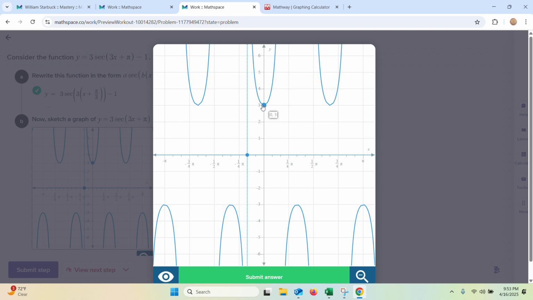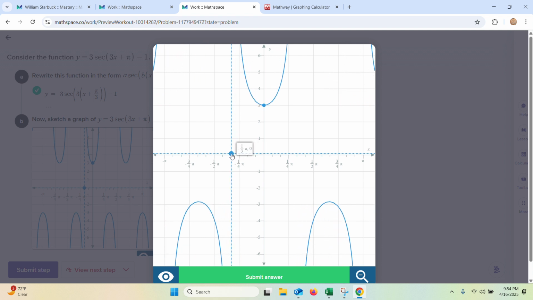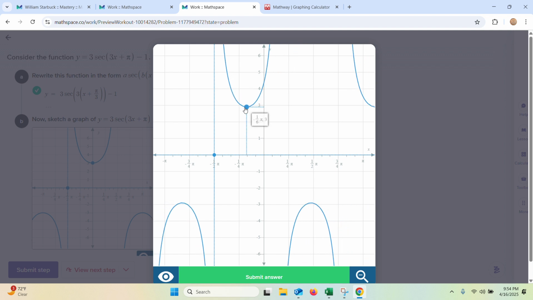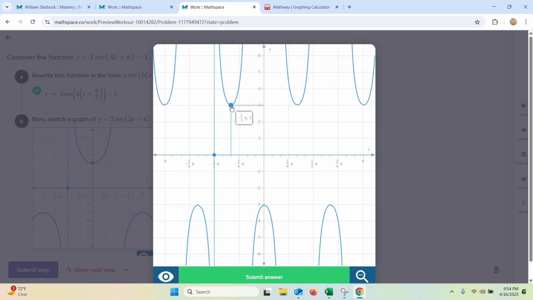This guy is at 0, it's got to go left to pi over 3, which is here. And they're 2 tick marks apart. So this guy is going to go 2 tick marks on the other side of pi over 3. This is pi over 3, 1, 2. This goes to pi over 3. So it shifts pi over 3.